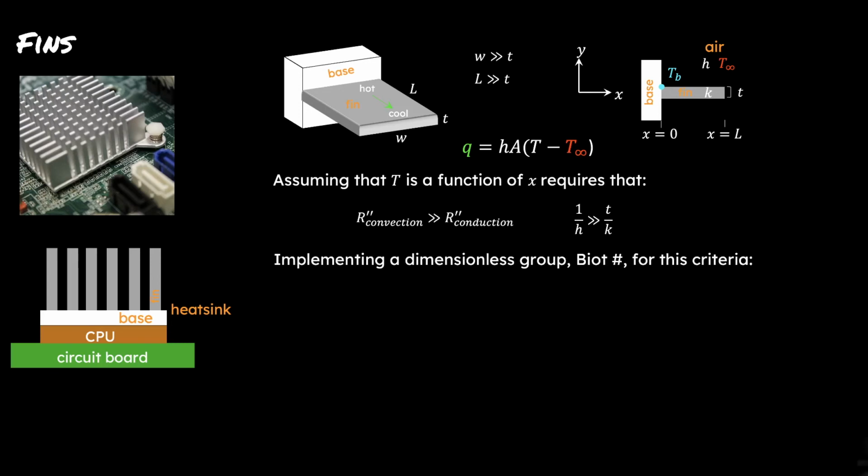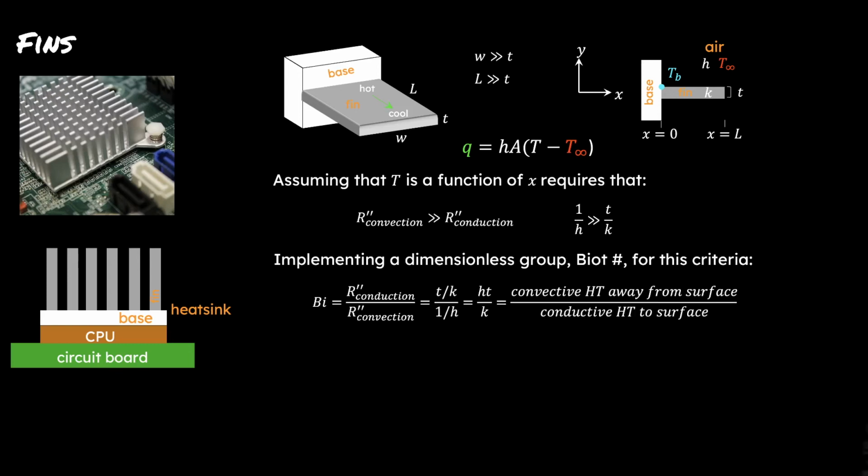We can implement a dimensionless group that reflects this condition, which we will call the Biot number. This criteria then can be written as Biot number equals resistivity due to conduction over resistivity due to convection. We plug in with the appropriate parameters, and we find the Biot number equals h times t over k.